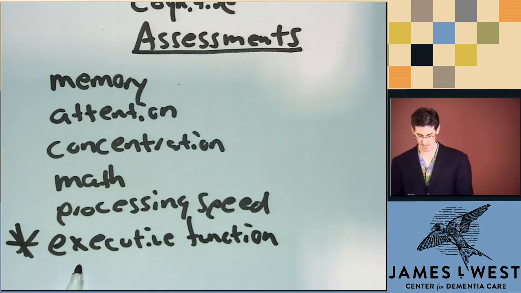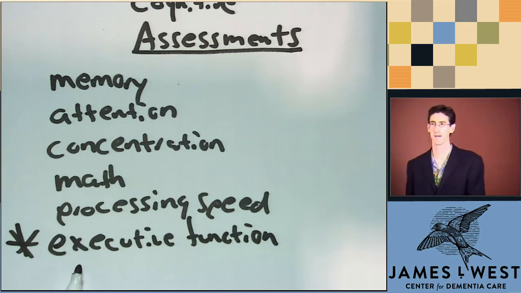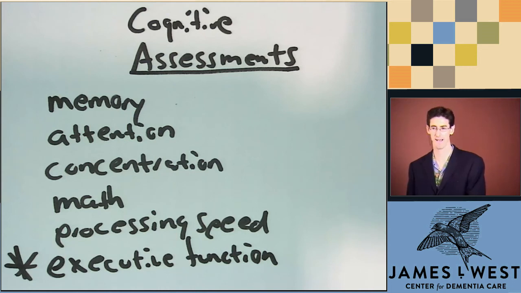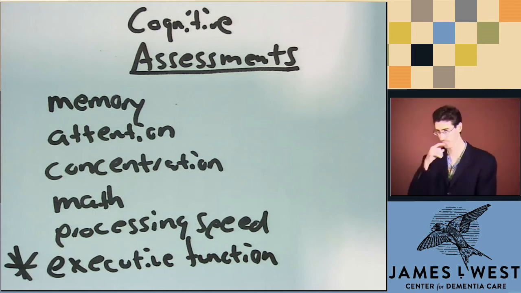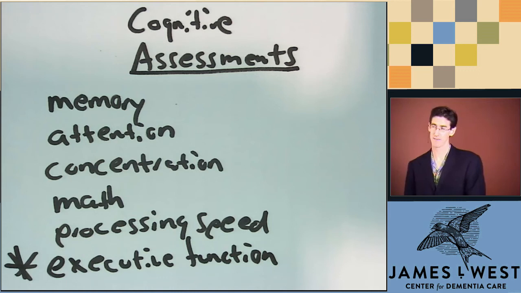And so memory is important, and I'm not saying that these others aren't important. They're all important. But memory, what we find is that memory predicts decisional capacity in people with Alzheimer's disease, and it predicts it very well. However, while Alzheimer's disease might be the most common dementia, it's certainly not the only dementia.